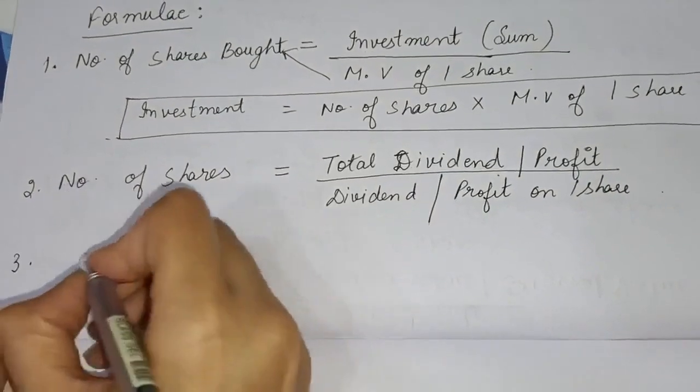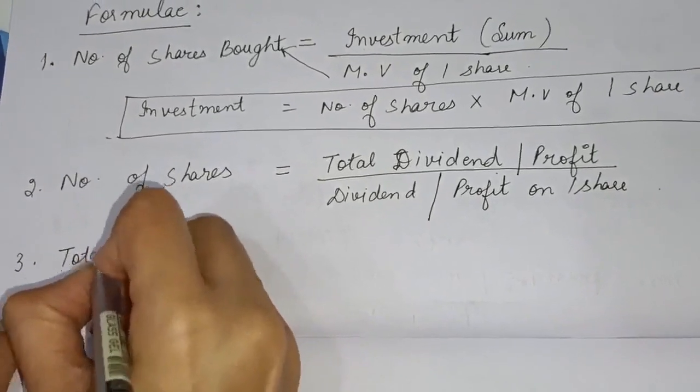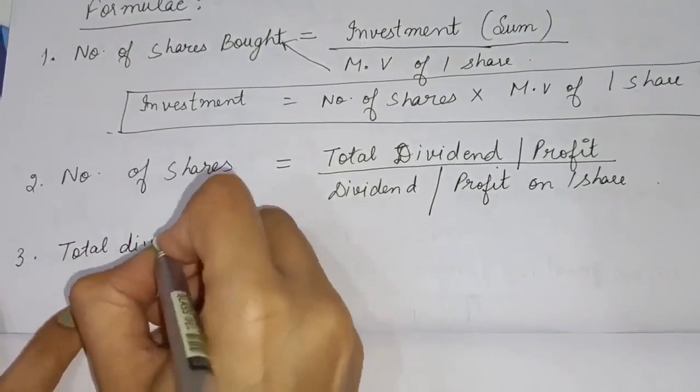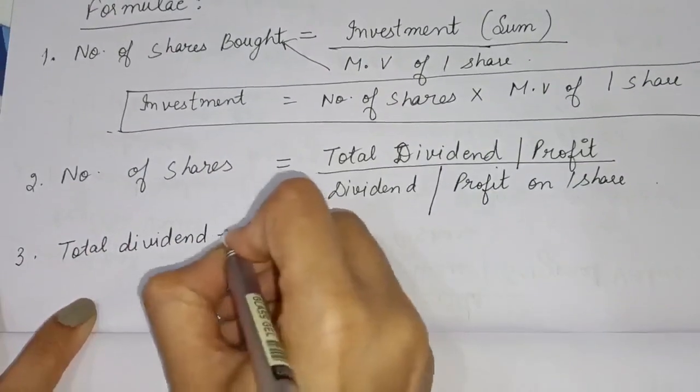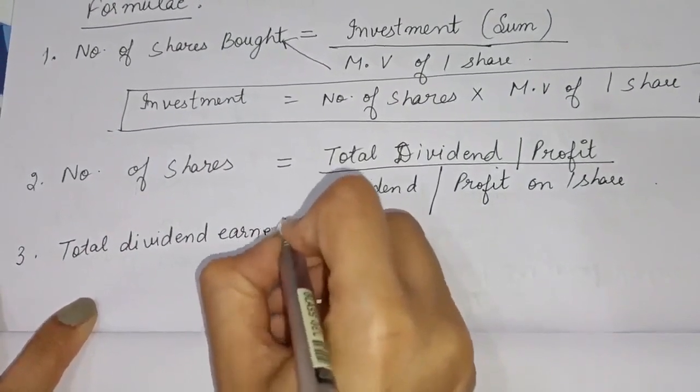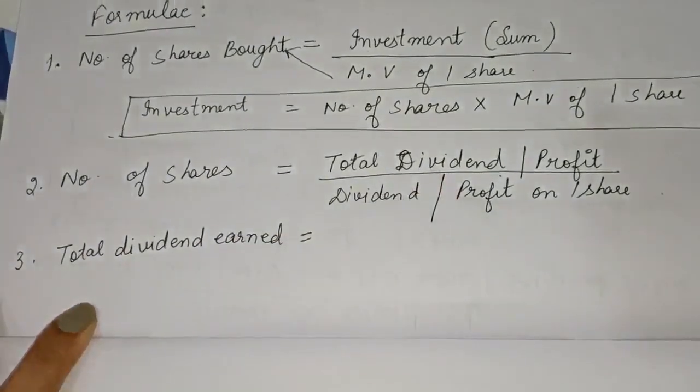Third formula is total dividend earned. Total dividend earned means total profit earned. Here you always have to remember that dividend is profit.